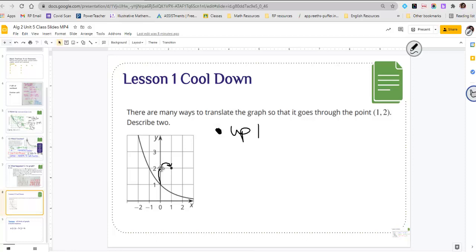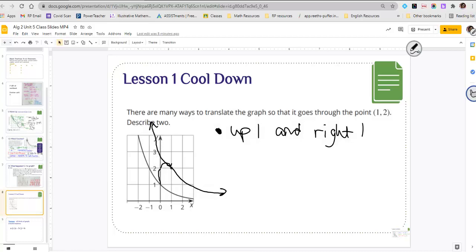Up 1 and to the right 1. The big idea is that we're trying to be specific about which direction we're moving it and how far. So by moving that graph up 1 unit and to the right 1, it would take this curved line, that's not traced very nicely, and it would move it up 1 unit and then to the right 1 unit, and it would look just like that.